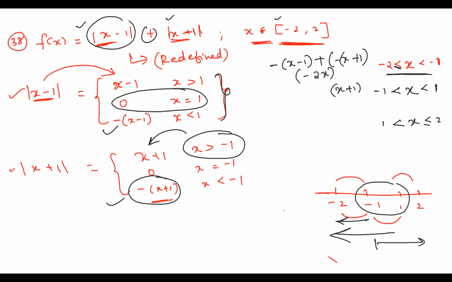Yeah, first one is x plus 1 now. x minus 1 plus. So how much will you get? You are getting 2x. So in between value alone, we need to break it. Are you able to understand? So how will you break it?